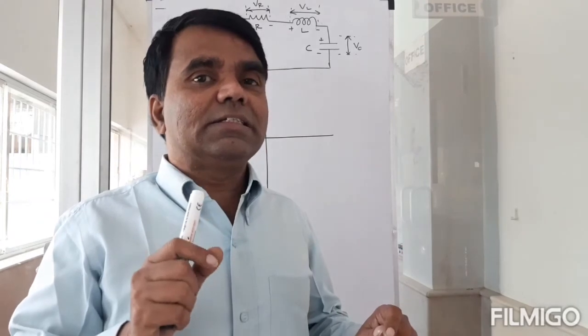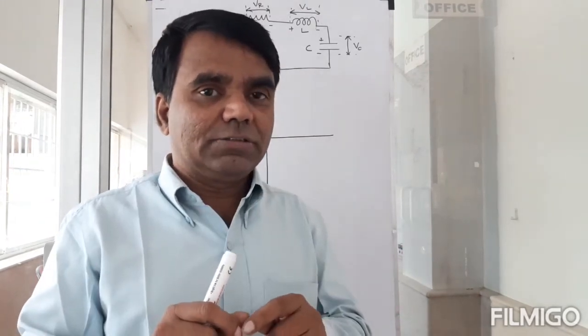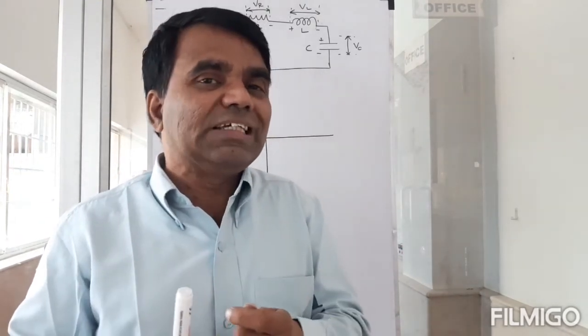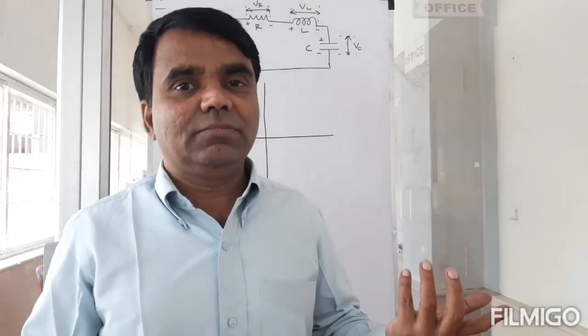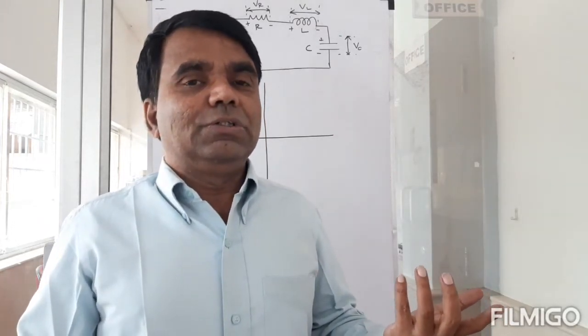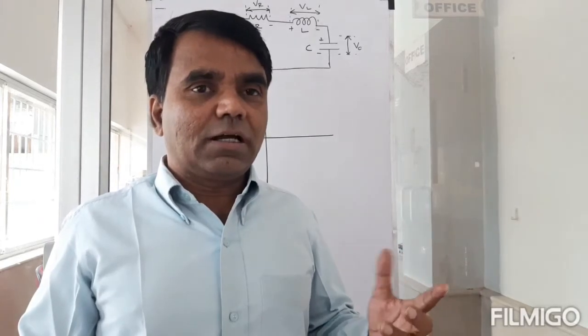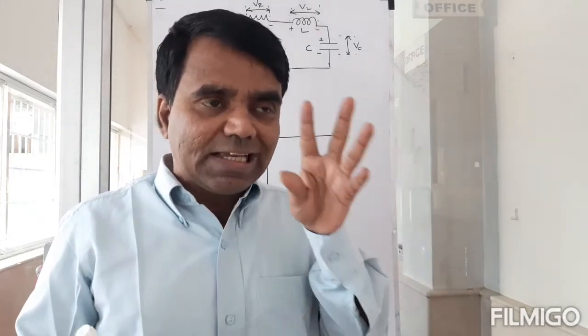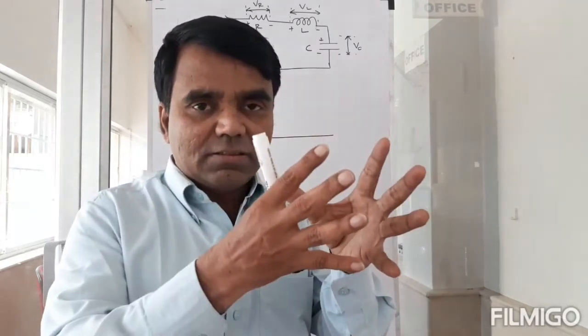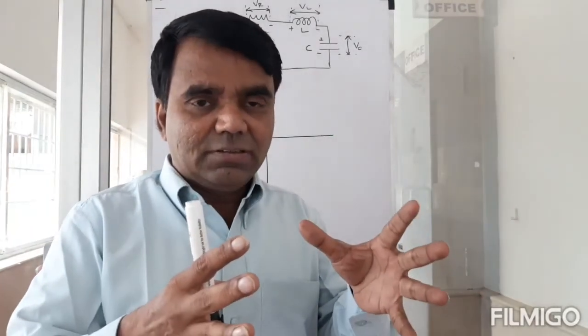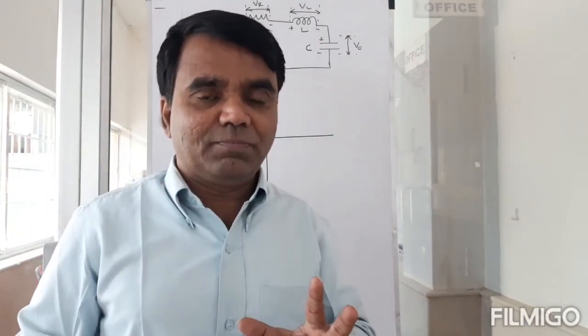And when I say the current leads the voltage, it means that the voltage lags the current. So it doesn't matter at what time you are looking at it. At any point in time you look at the picture, this is what should be happening.